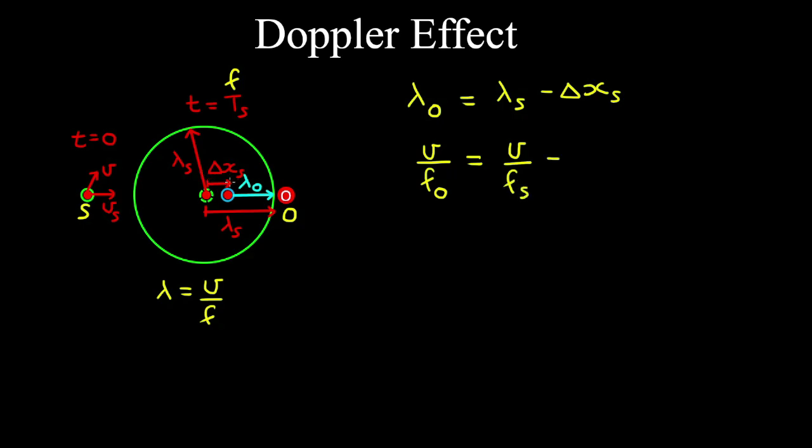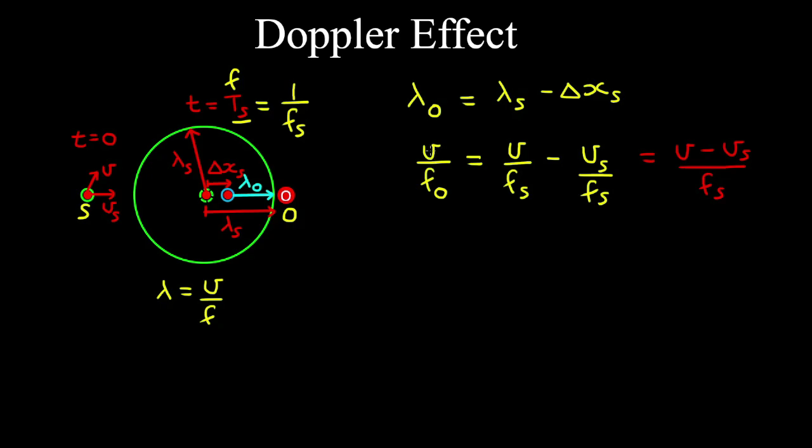And the displacement of the source over one period is equal to the speed of the source multiplied by the period of the source, where the period is the reciprocal of the frequency. So we can divide this by fs. So this is equal to the speed of sound minus the speed of the source on the frequency of the source.